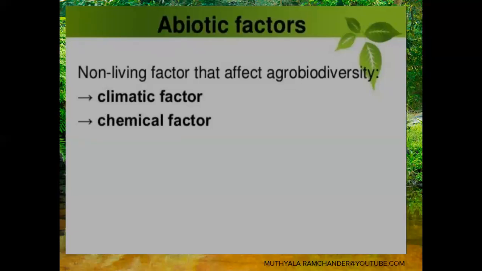Chemical factors means nitrogen, phosphorus, carbon, oxygen, sulfur, manganese, magnesium. These are the chemical factors present in the ecosystem with the abiotic factors. The climatic factors play a major role for agrobiodiversity. At the same time, chemical factors also play a major role for the development of agrobiodiversity.